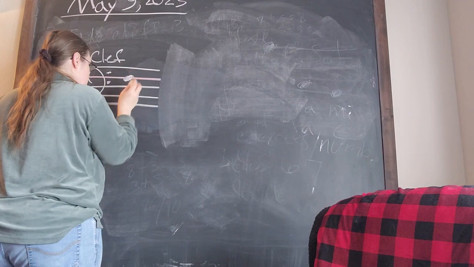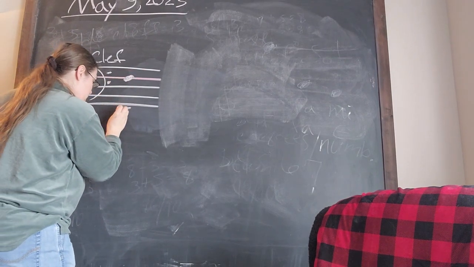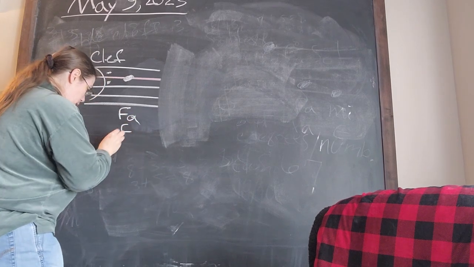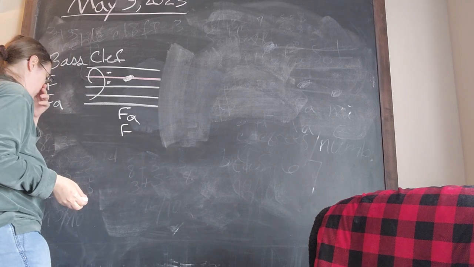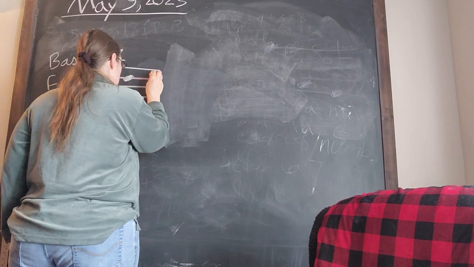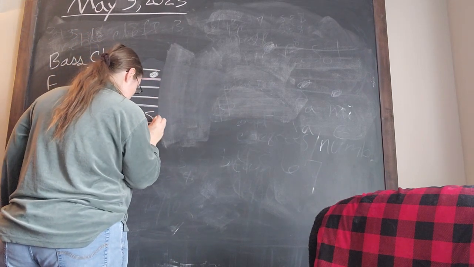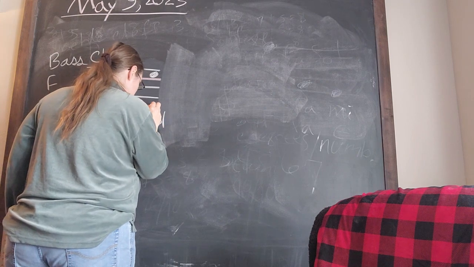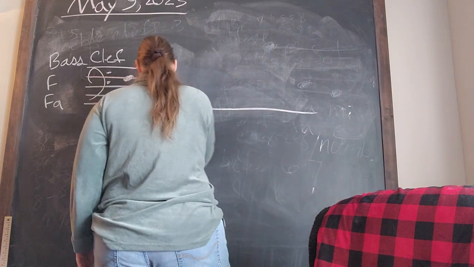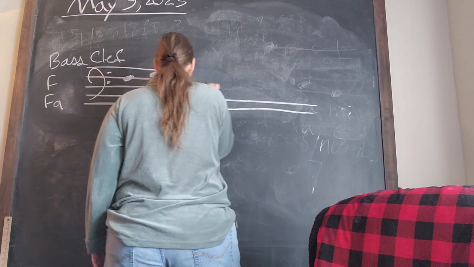So this first pitch, this is our starting note. This is going to be fa, or alphabetically it's going to be the pitch F. The next note above it is going to be sol. I need to extend my staff longer.